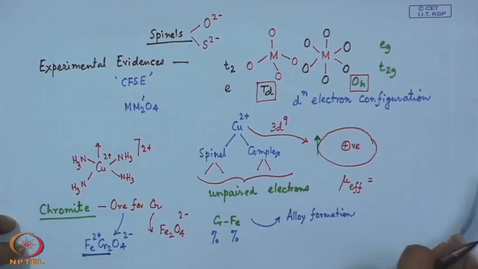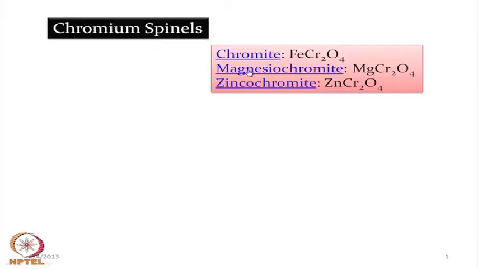Next we see how within all these chromium based spinels we can have other metal ions such as magnesium or zinc. When magnesium is present we get magnesiochromite, because the basic infrastructure for this network is based on chromium and oxygen.